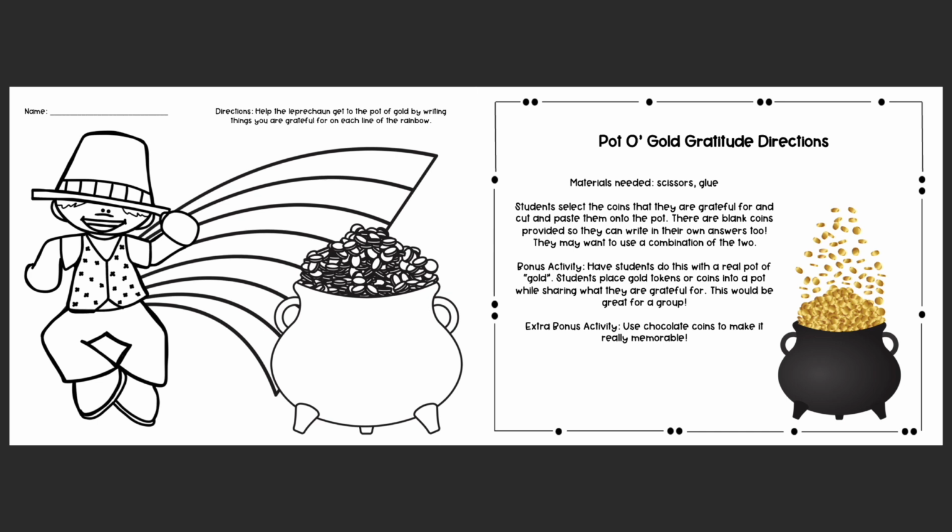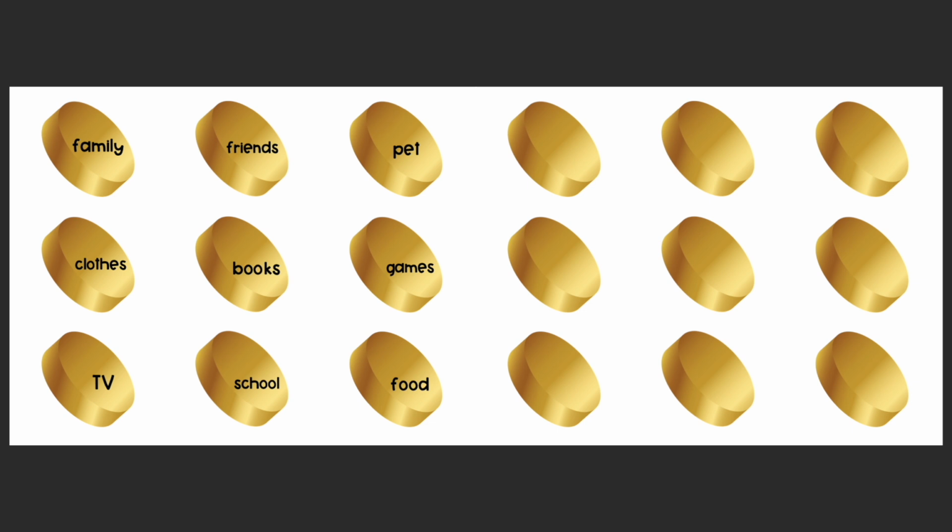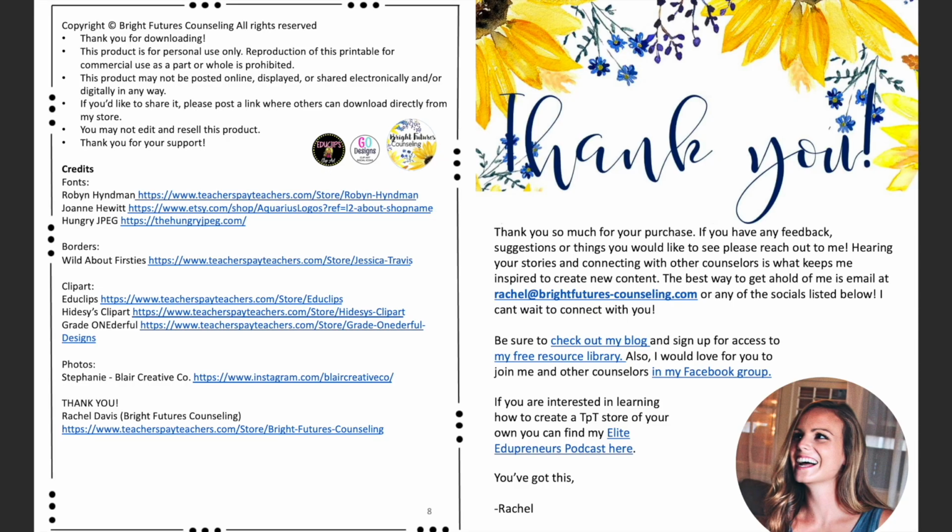I prefer to do the tangible version just because, again, it's memorable, and they'll go home and tell their parents, oh, we did the coolest thing where we dropped coins into this bucket and got to say things we're grateful for. But nothing wrong with keeping it simple as well, so you can just cut and paste the paper version. And I have them in color and black and white for you there, blank and some pre-filled ones.